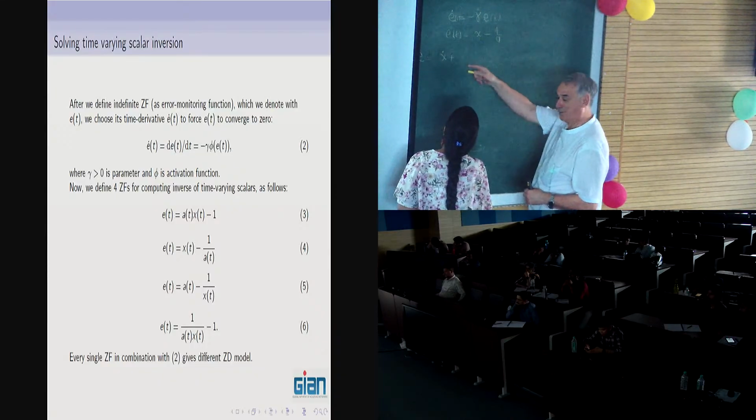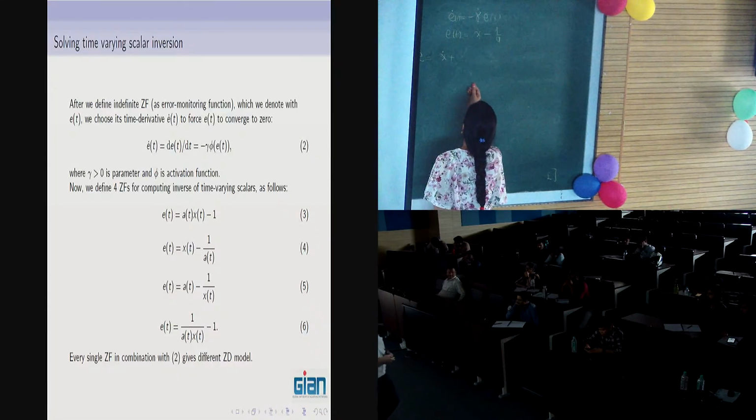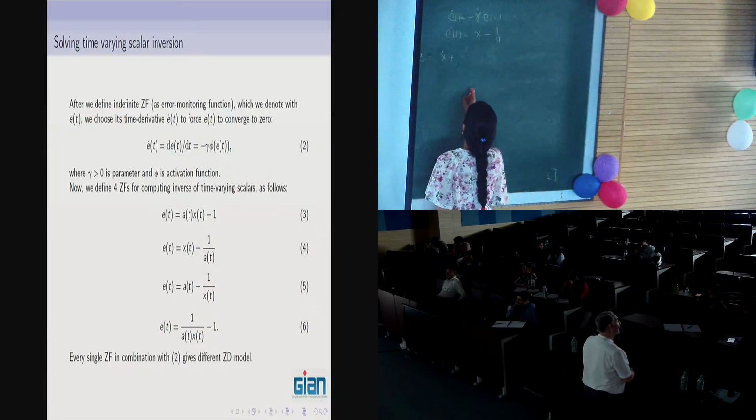Continue, please. Composite function. Plus 1 over a square and then a dot. Very simple.